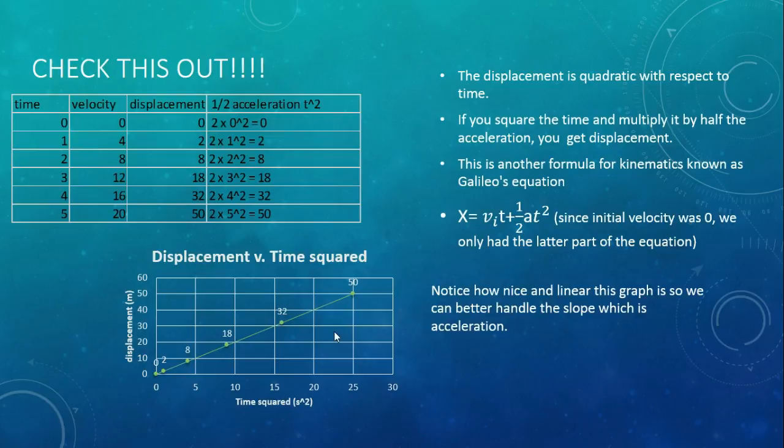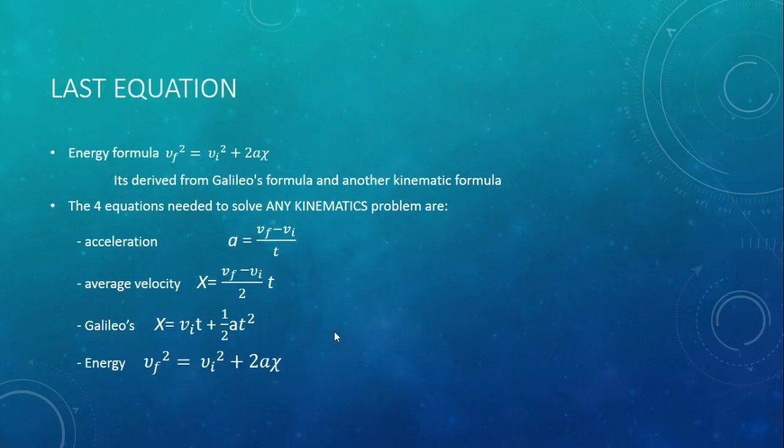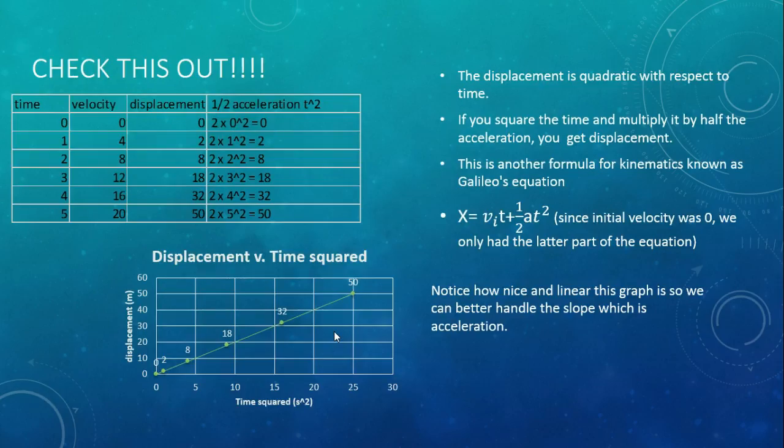And in my class, it's an algebra-based AP physics class, so we don't deal with calculus or any curves. If I didn't do this, it would have been a curve if I just left it with seconds at the bottom, like it's supposed to be. But with this time squared, it was actually a perfect line.